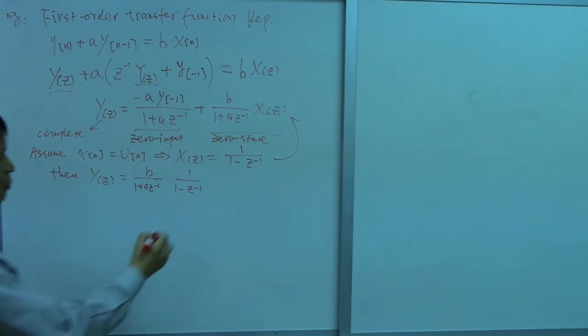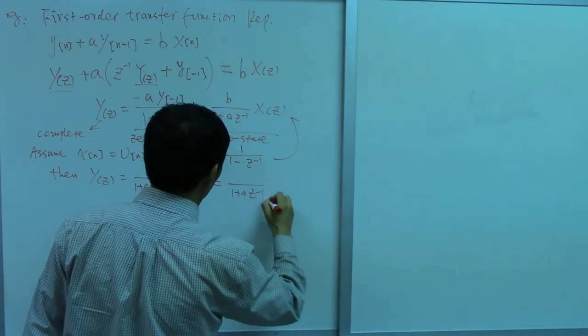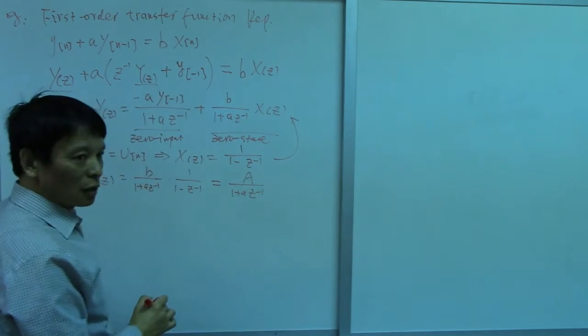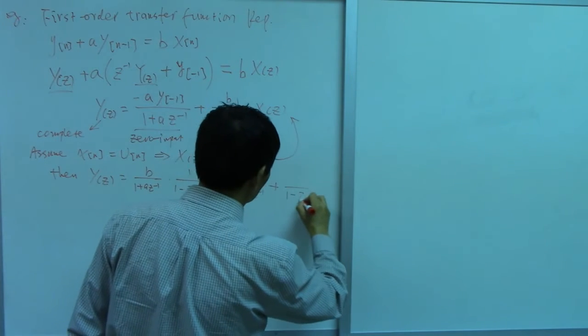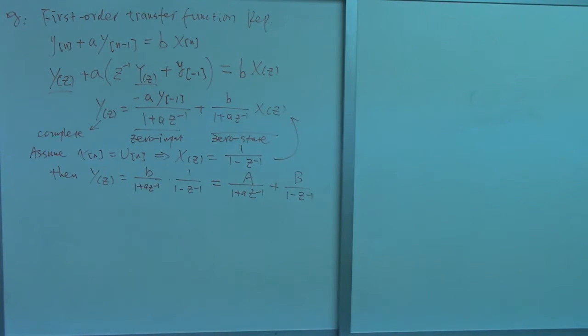Then we will have 1 plus a z to the negative 1, constant A on the top, then plus 1 minus z to the negative 1, constant B on the top. Do you still remember how to calculate A and B? I won't bother you here with how to do this. You should be able to do this.